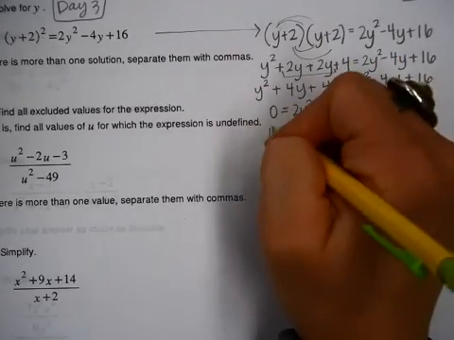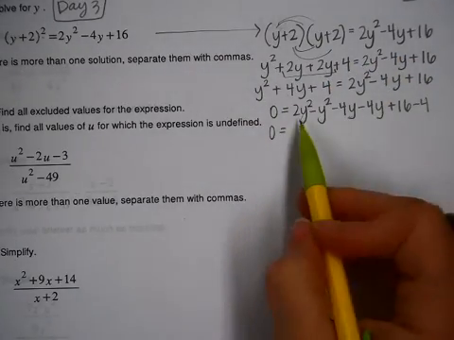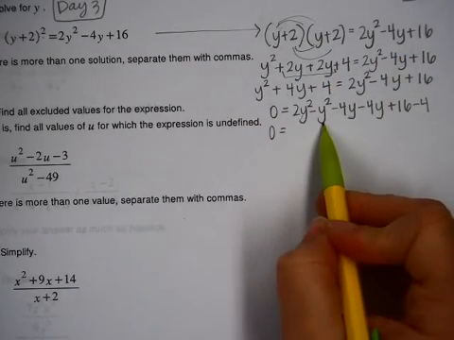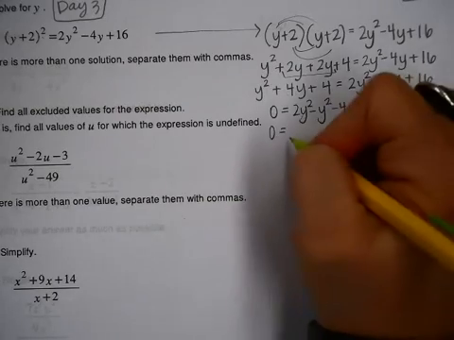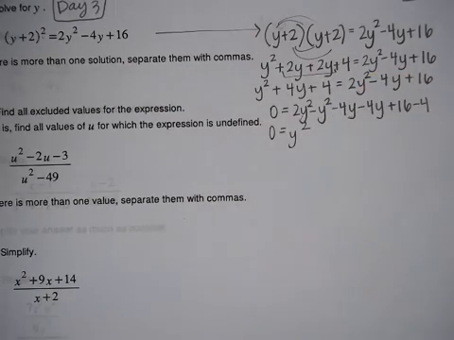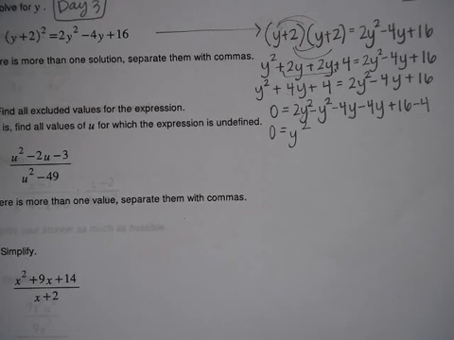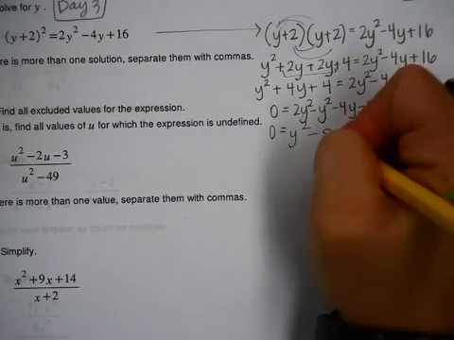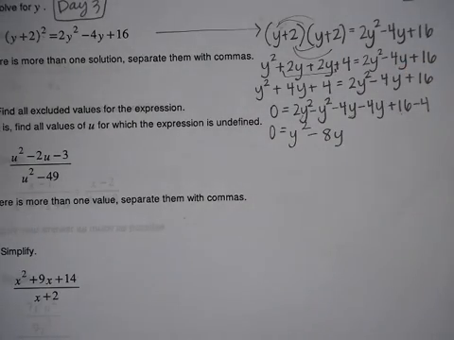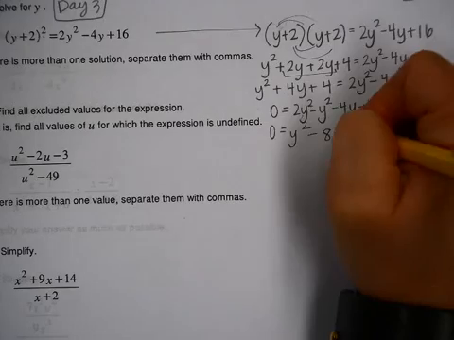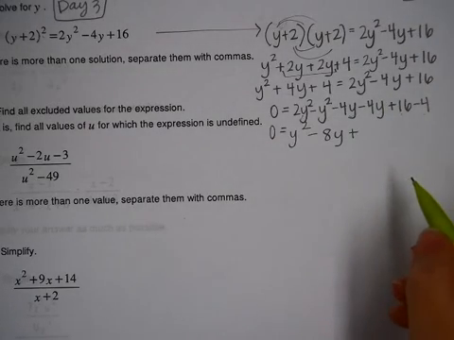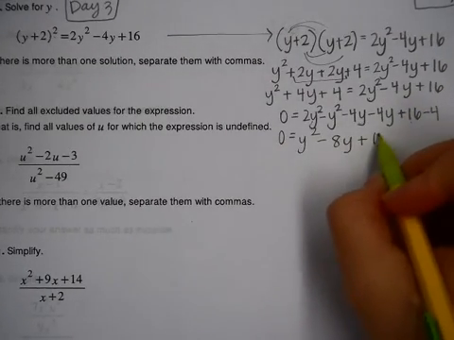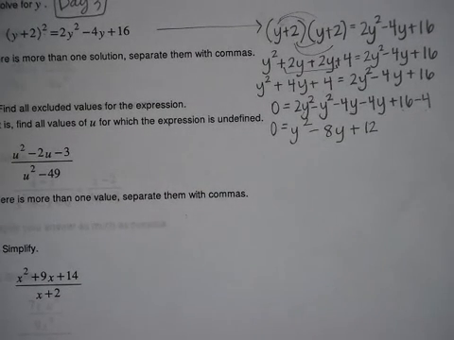Okay, so now continue to combine those like terms. So 2y squared minus y squared is y squared, right? What's negative 4y minus 4y? Negative 8y. And 16 minus 4 is positive 12.